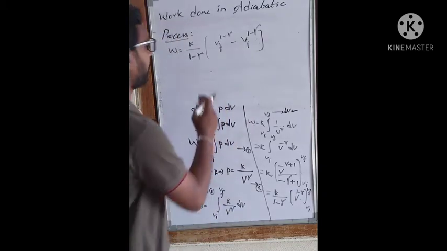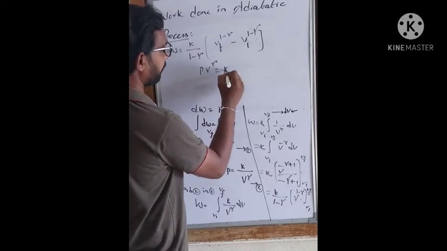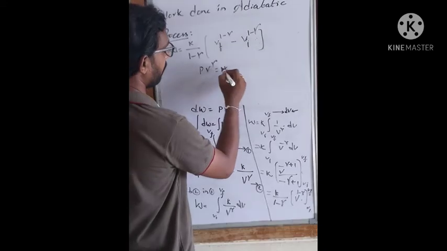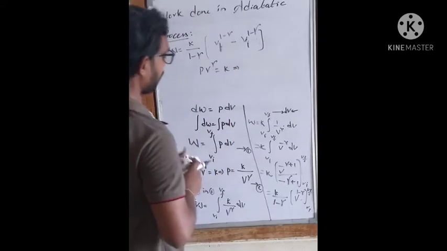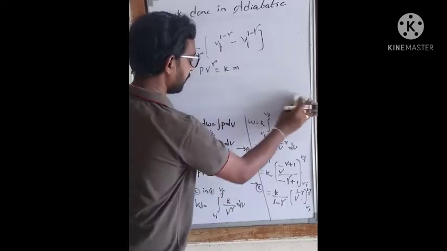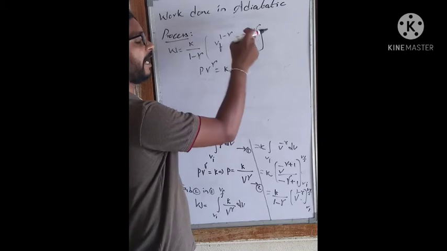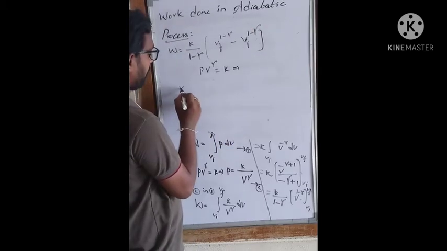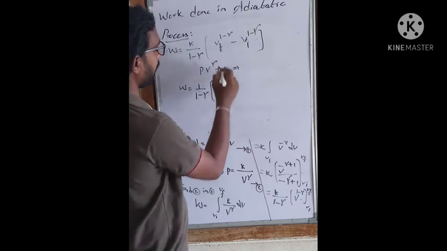Now what we have to do here, we know that PV to the power gamma equal to K, right? So depending upon our requirement, I am writing this as follows. I am sending K inside, then we get W equal to 1 by 1 minus gamma into the K value.